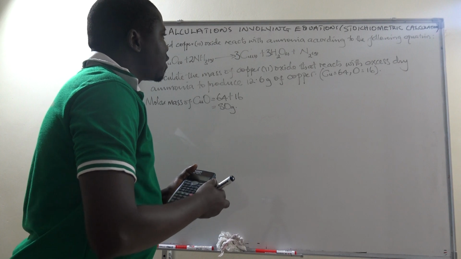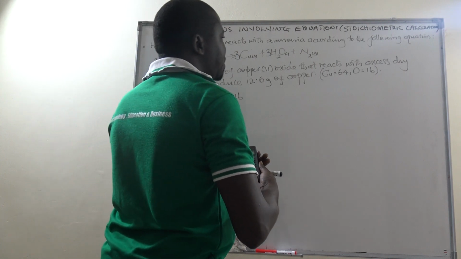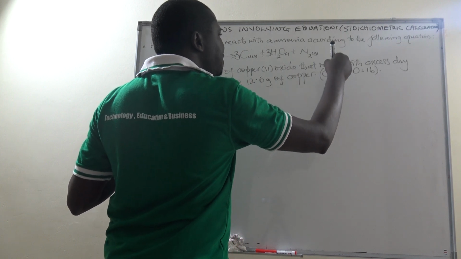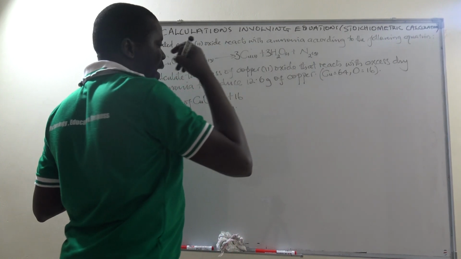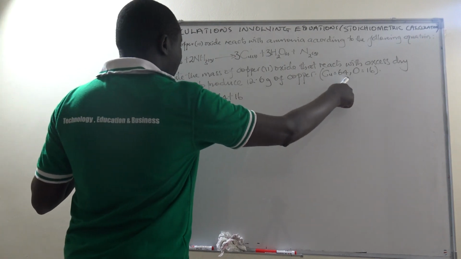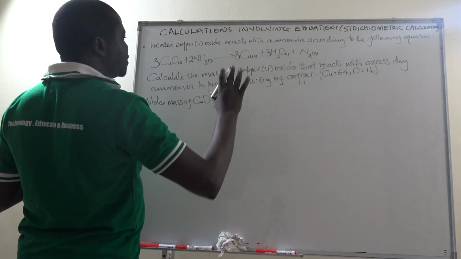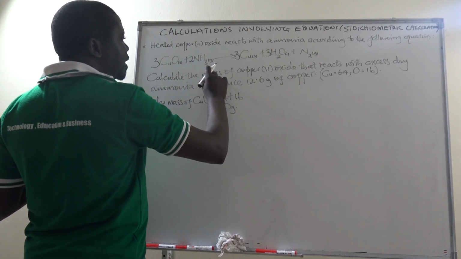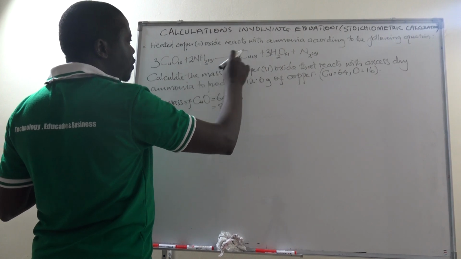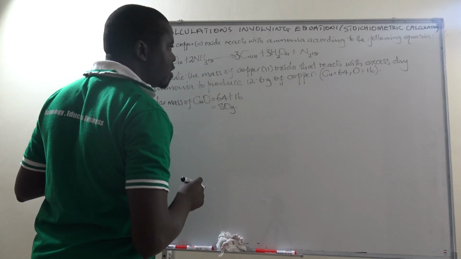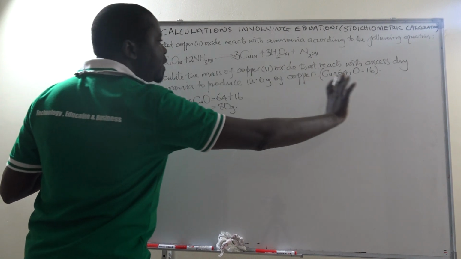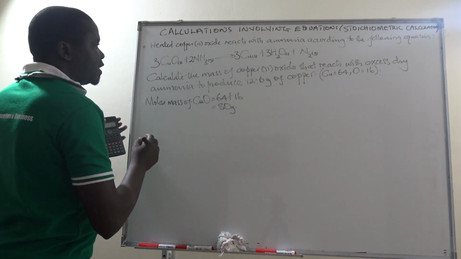We have already seen that copper has a relative atomic mass of 64, meaning that this value is the same as the molar mass of copper. So we shall use the mass of 1 mole of copper as 64 in this case. So let's go straight to the calculation. We are calculating the mass of copper(II) oxide which reacts with excess ammonia to produce 12.6 grams of copper. So copper will be on our left hand side, and copper(II) oxide goes to the right for simple cross multiplication, as we have already seen.